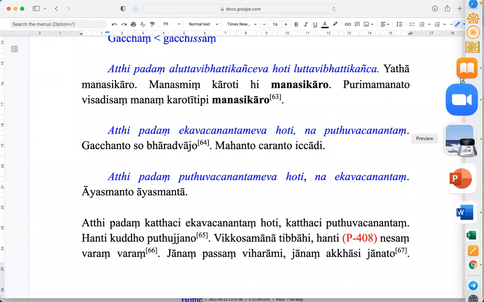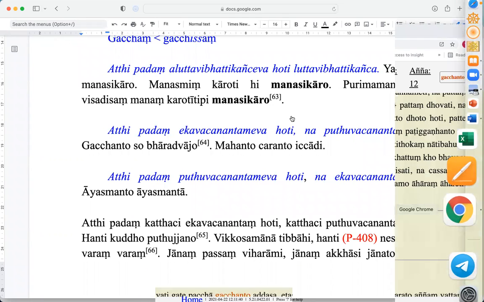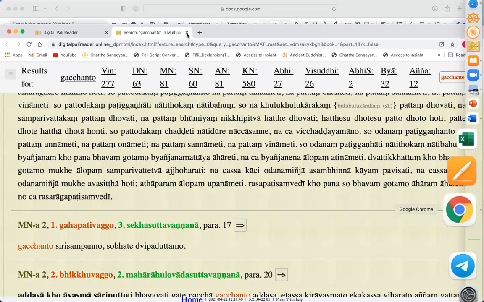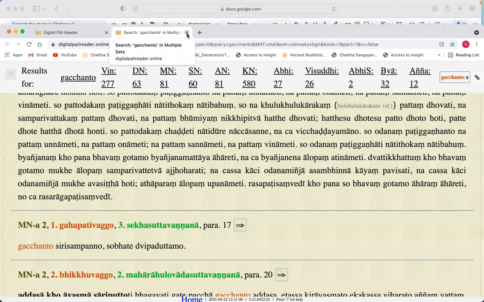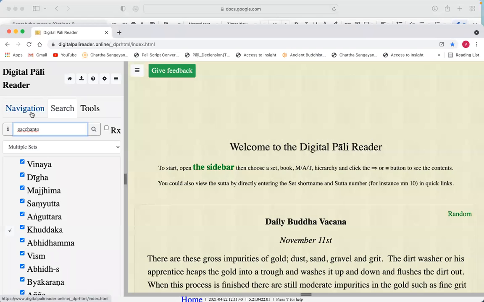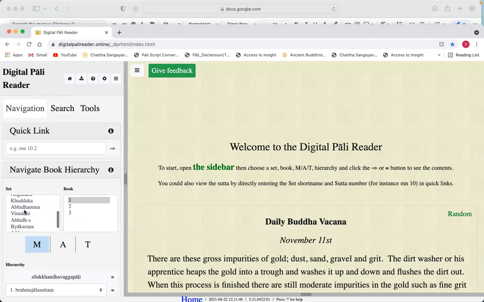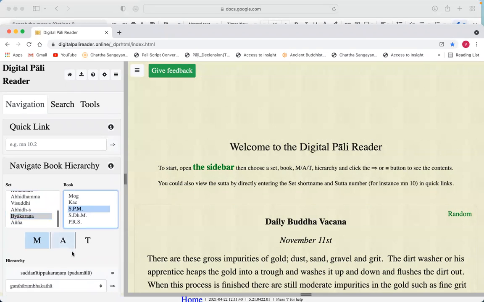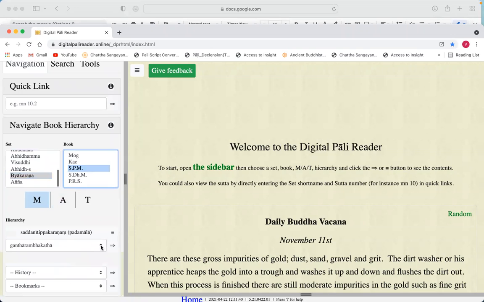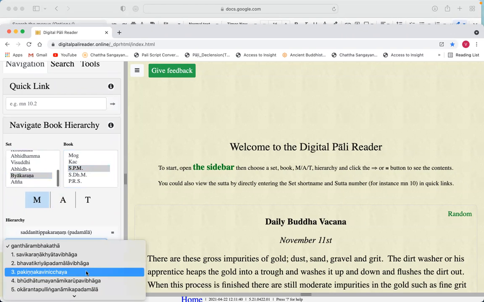So, okay. Now let's check in the Bharamala, Saddanīti Bharamala. How can you find it? Okay.